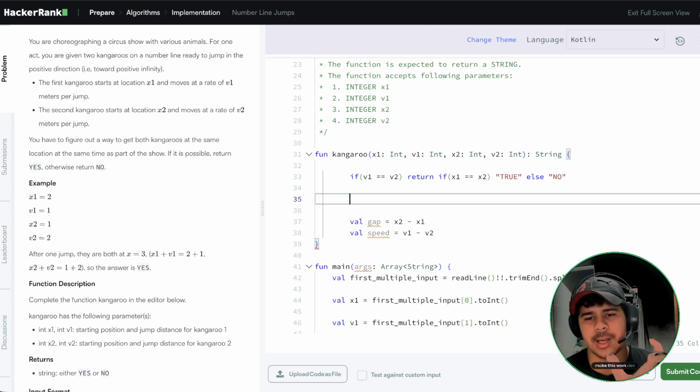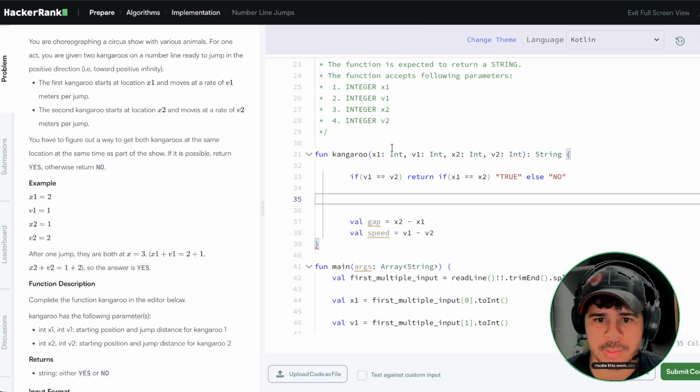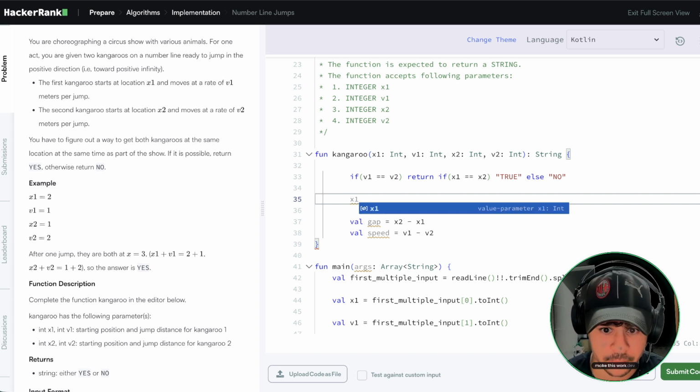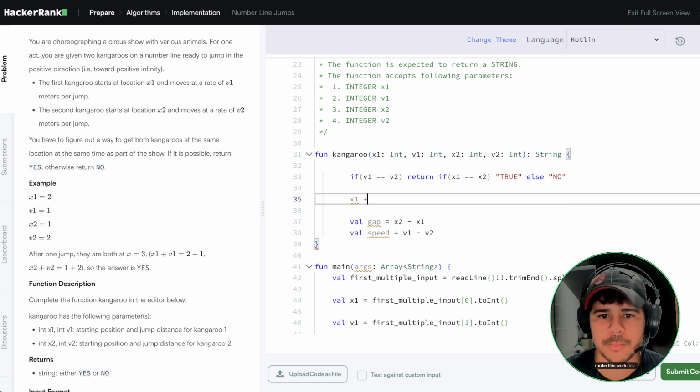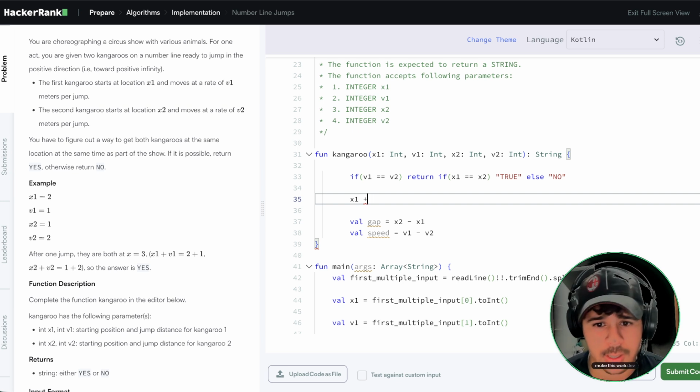How can you get here if you don't know this, or when should I use this? What the problem is saying is that x1 is the position, and we're also gonna have the number of times they jump.